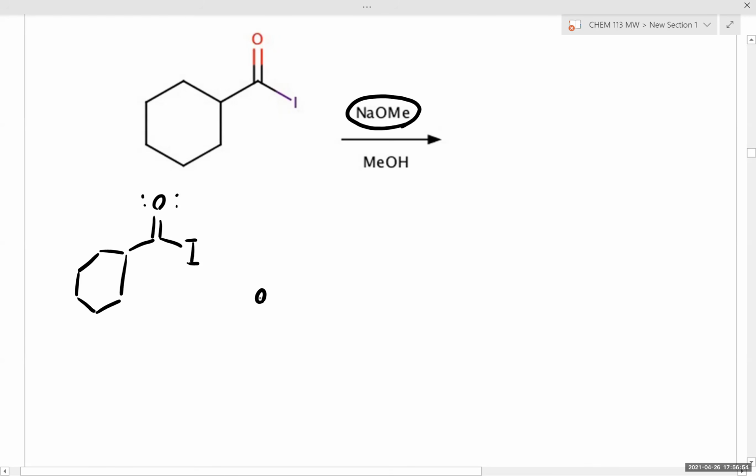So just redrawing the student proposed mechanism as part of our instructor key. Our nucleophilic methoxide attacks the electrophilic carbonyl carbon. From here, we'll generate a tetrahedral intermediate.